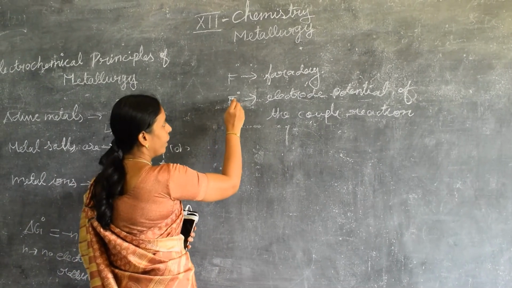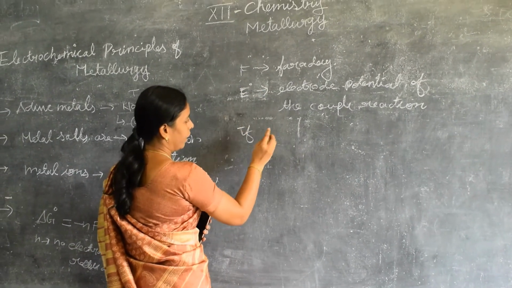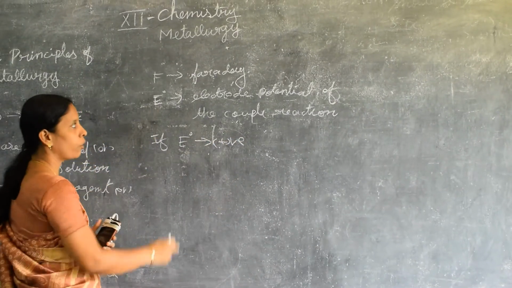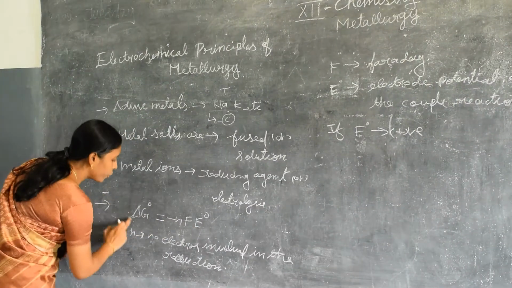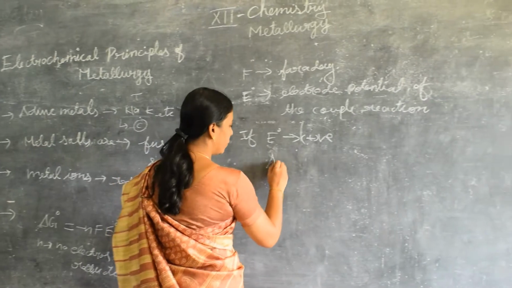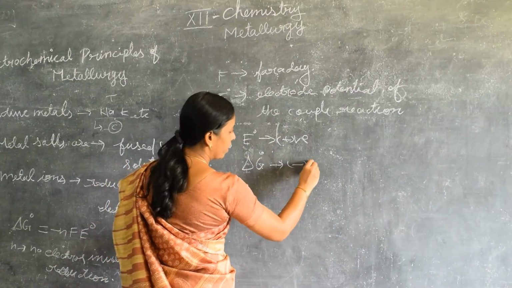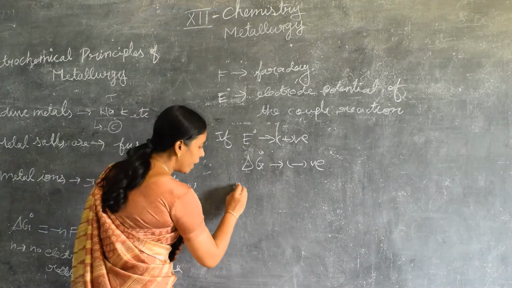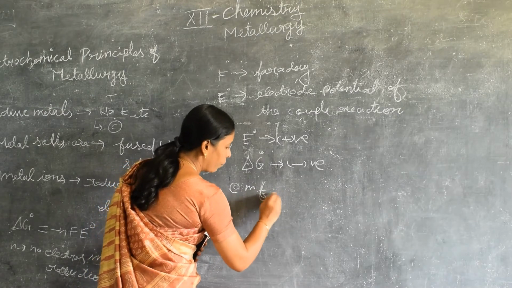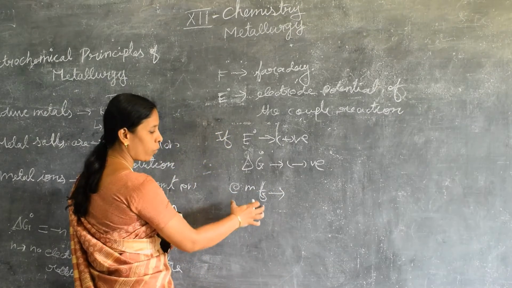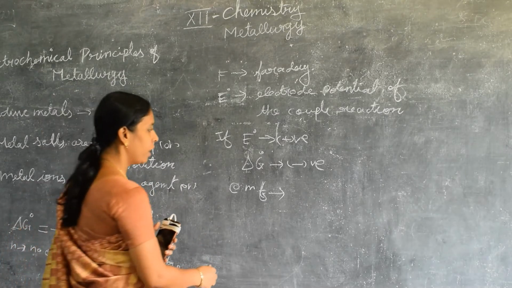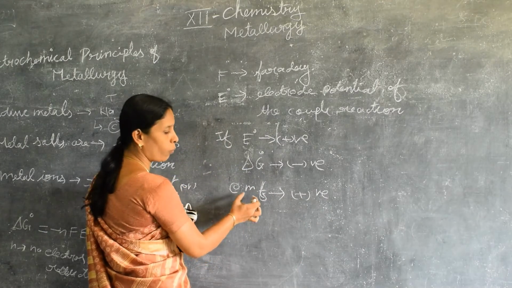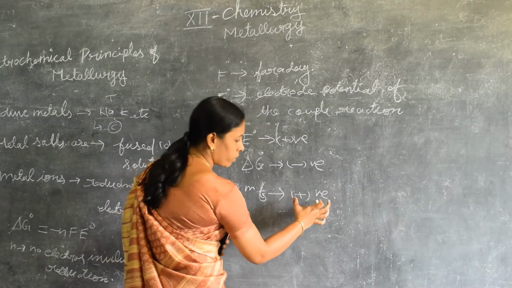If E naught is positive, it means delta G naught value is negative, and the EMF, the electromotive force of the electrolysis process, is positive.